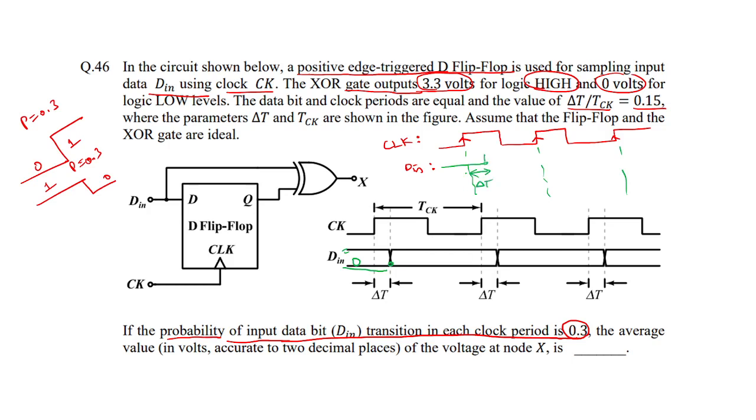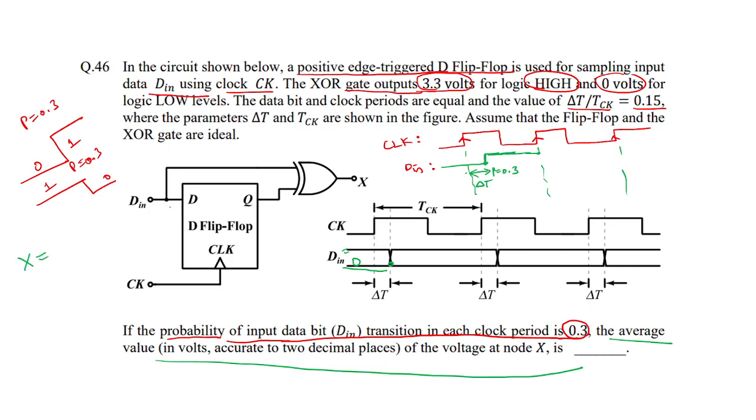Let's say there is 0.3 probability, and then D in has become 1. Then it will move on like that. Now consider one cycle, because they are talking about the average value of the input voltage at the node X.